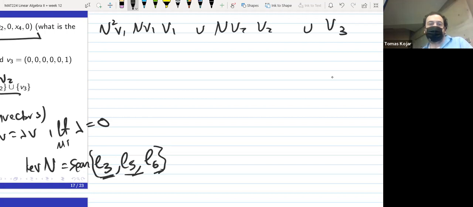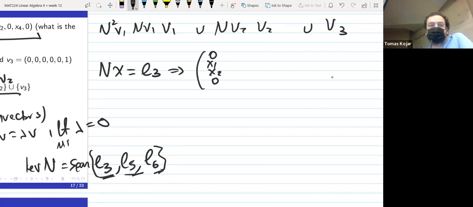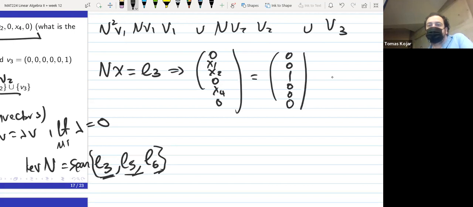Let's do it slowly. First you have to solve N of x equal to E3. I'll explain why. Let me solve it first. So this is 0, x1, x2, 0, x4, 0 equal to 0, 0, 1, 0, 0, and then another 0.